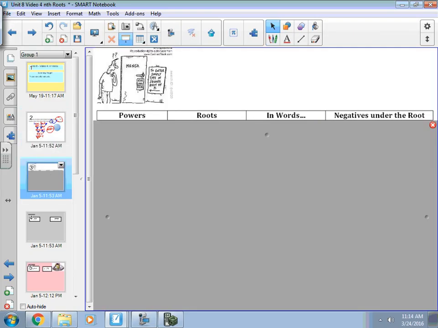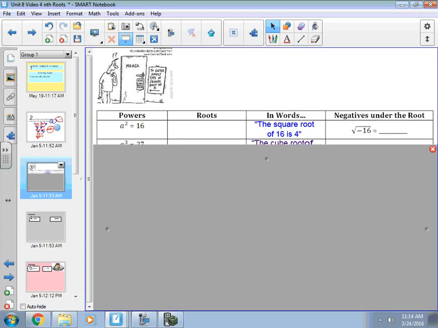On these problems, we're going to fill in this chart on your note sheet with what the answer would be. If you have a squared equals 16, we would solve that by doing the opposite, and the opposite of power 2 is to take the square root.